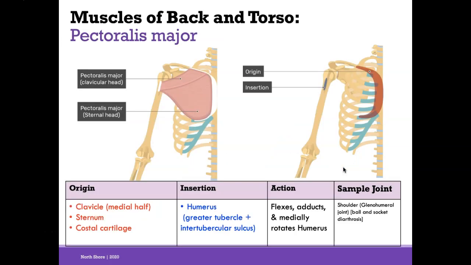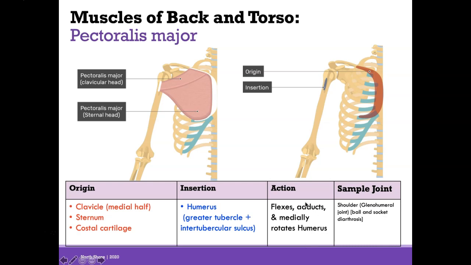So now let's talk about some muscles of the back and torso. So the pectoralis major does a lot of actions on the humerus as well. So it flexes, it adducts, and medially rotates the humerus, right? And again, this is at that shoulder joint we just spoke about.